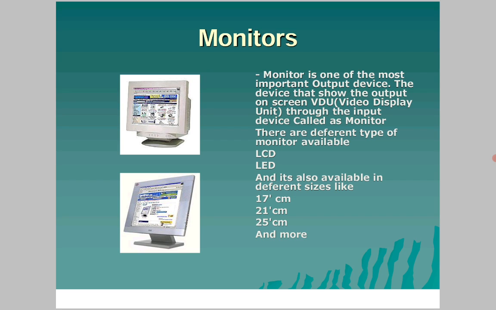Generally there are different types of resolutions, like 1024 by 700. High resolution means high quality, low resolution means low quality, and different sizes of monitors are also available, like 17 inches, 21 inches, 25 inches, and different types like LCD and LED also.